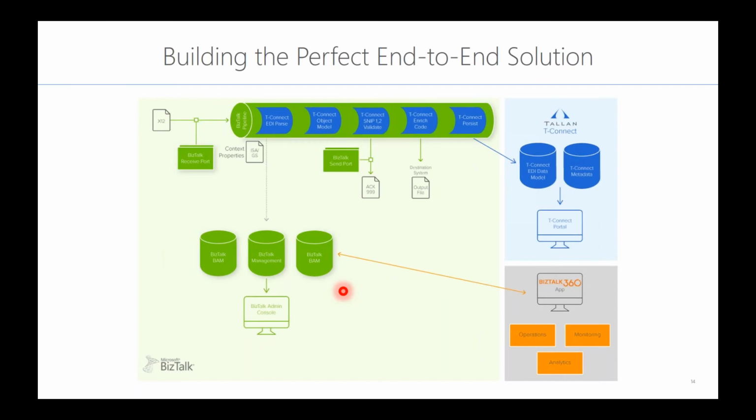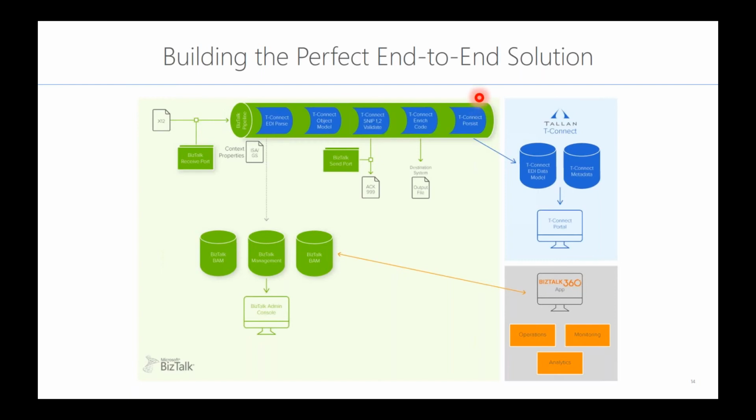In this example, what I'm illustrating here is that the green is all BizTalk components. So this is what you would typically see if you were deploying an EDI solution. The blue is T-Connect and how it plugs into BizTalk. Here you can see that this is a BizTalk pipeline, and we plugged in our pipeline components as part of that.